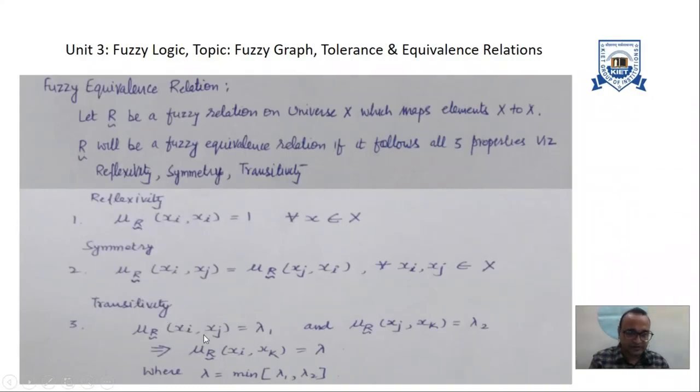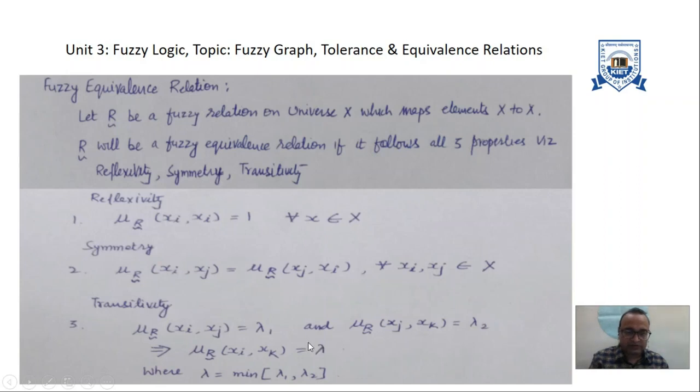For transitivity, let's suppose the membership value of an ordered pair (xi, xj) in the fuzzy relation R is lambda 1, and the membership value of the ordered pair (xj, xk) in the same fuzzy relation is lambda 2.